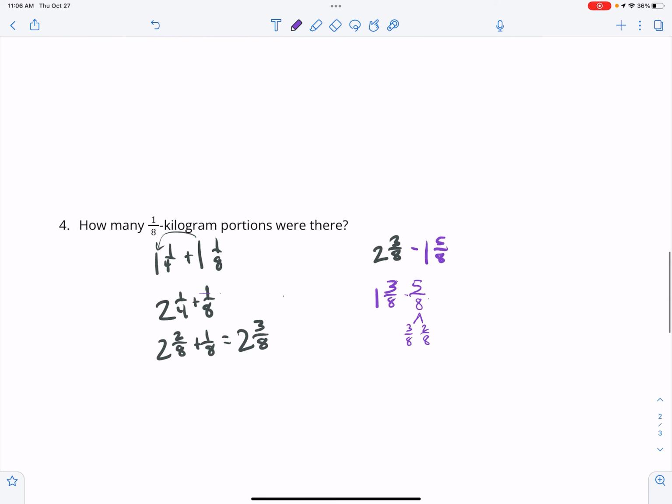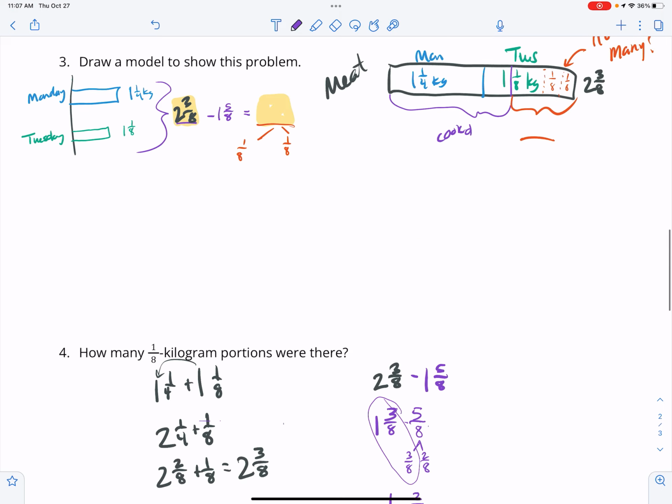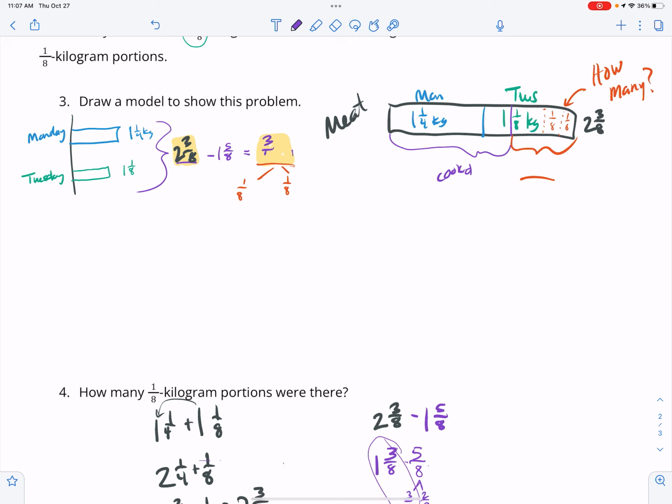And that 1 3/8 minus 3/8 is 1. So I'm left with 1 minus 2/8. And again, I'm thinking of this as an 8/8 minus 2/8. And 8/8 minus 2/8 equals 6/8. Those are both even, so I am going to simplify. And we are left with 3/4. So the amount of meat that was remaining was 3/4 of a kilogram.